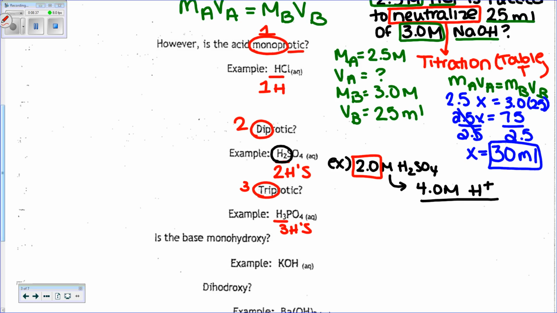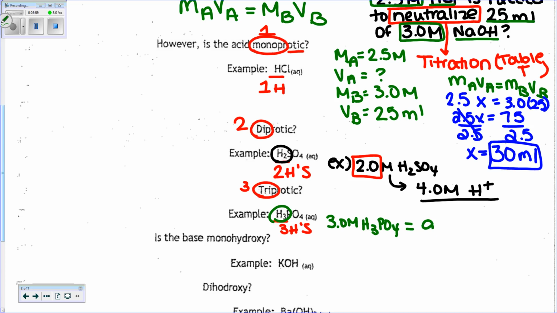So if you're doing H3PO4, let me give you an example. Let's say I got 3.0 molar H3PO4. And I ask you, what is your molarity of H+ concentration? You would do 3.0 times 3 H's, so 3.0 times 3.